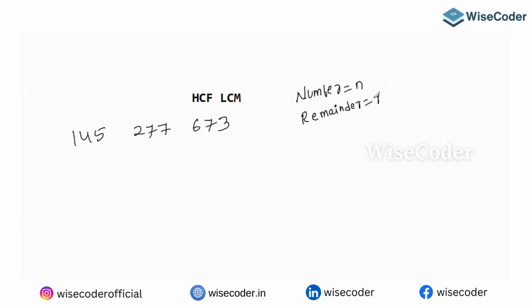So can I write 145 equals n into a plus r? Yes or no? Obviously. So 277 equals n into some factor b plus r, because r is going to come everywhere.